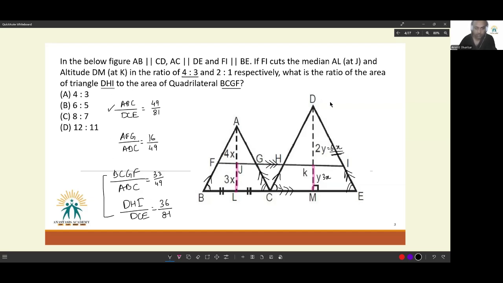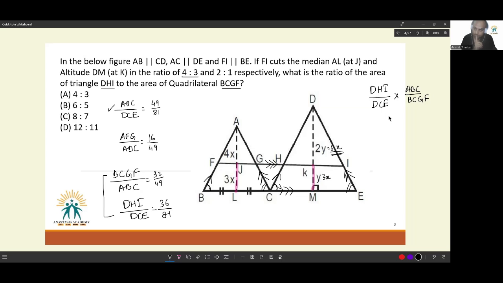We want the area of triangle DHI by DCE into ABC by BCGF. This is what we finally want.